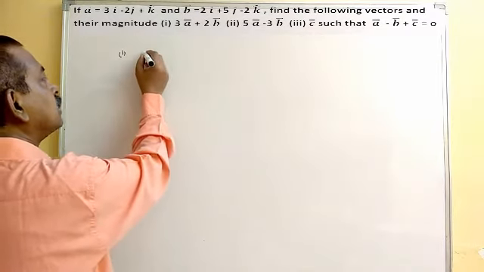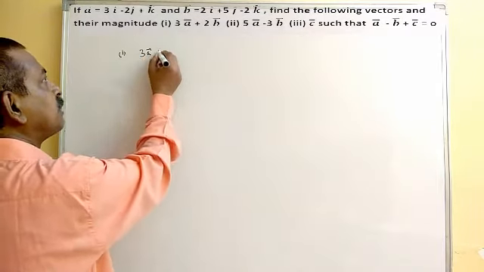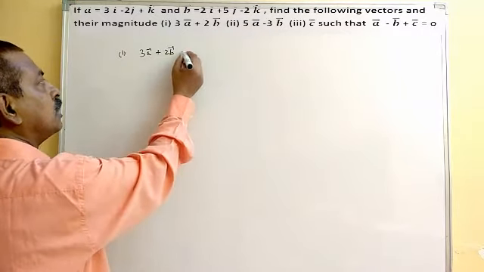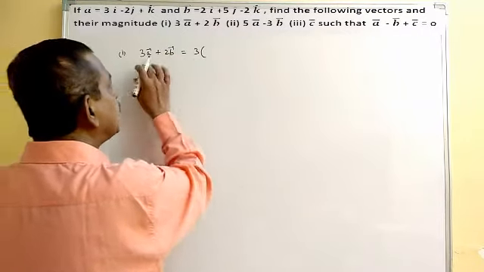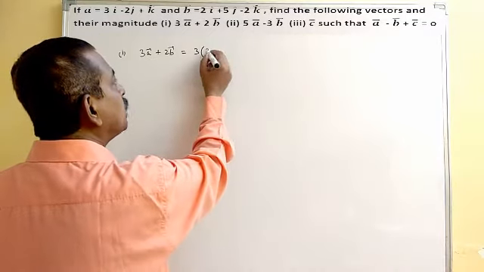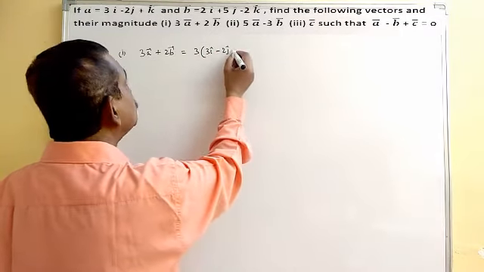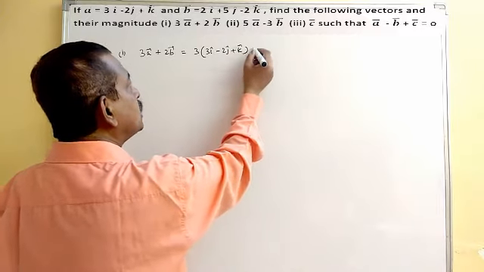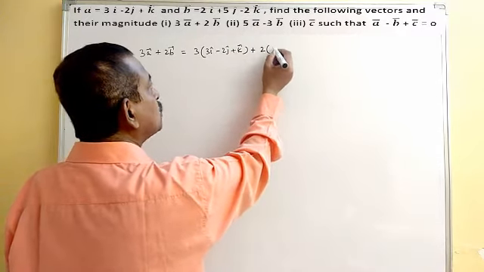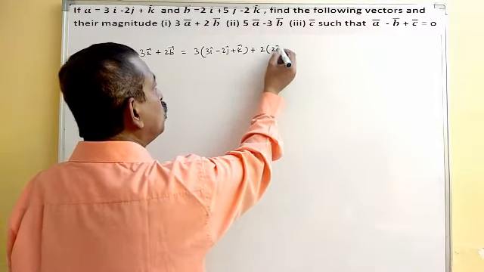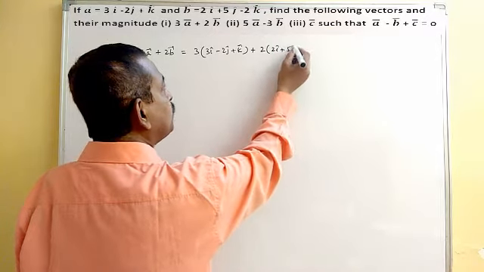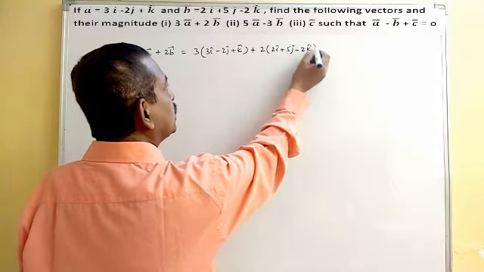If you consider, you have to find suppose 3A vector plus 2B vector. So we'll first take 3 and then it will be your vector A value 3i minus 2j plus k. This is your 2 times vector B, which is your 2i plus 5j minus 2k vector.